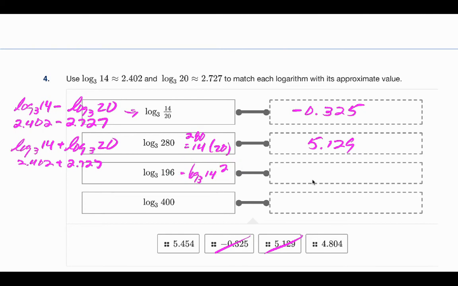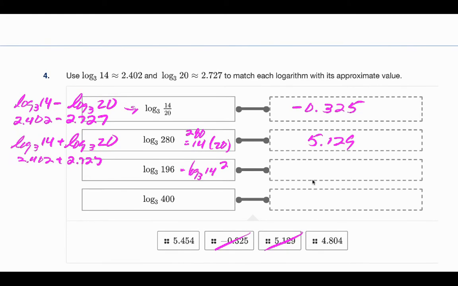So to simplify that, I would have 2 log the base 3 of 14, which will be 2 times 2.402, which would give us 4.804. And then by process of elimination, or you could even notice that 400 is 20 squared, and that would give you 5.454.